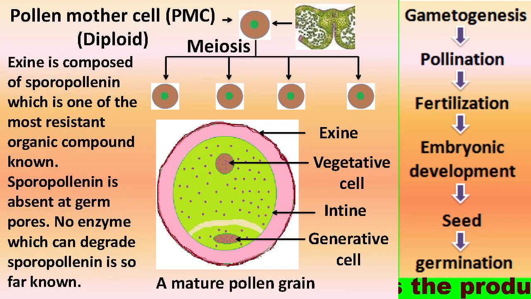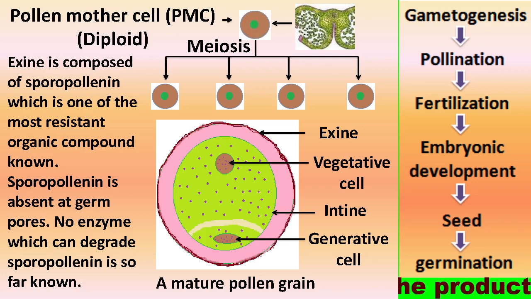The microspore mother cell or pollen mother cell is a diploid cell which undergoes meiotic cell division, that is the meiosis, and as a result of meiosis, four pollen grains are produced.